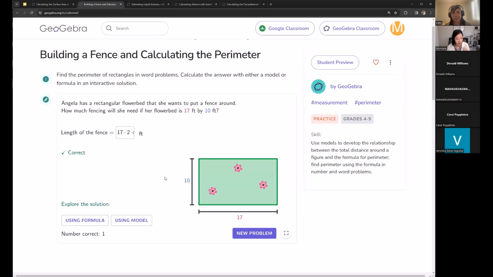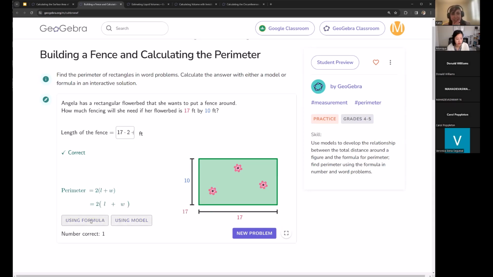And if you notice, a lot of the times we accept answers in different forms. So if the student is showing they understand this so well that they could write it as a full expression, all right, you got it. You understand this word. It may not be the simplified answer, but you're showing that you have knowledge about calculating perimeter.